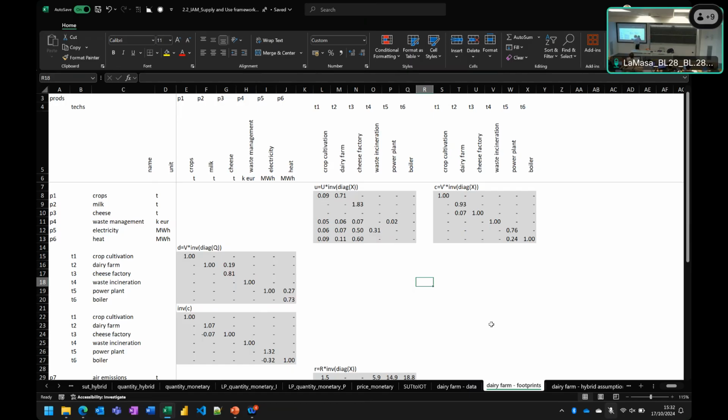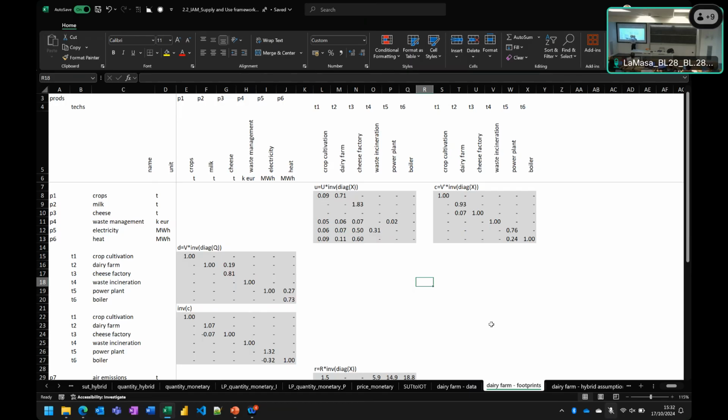Then look also at the inverse of C. What's the meaning of the inverse of C? Whenever there is a demand of the technology activity, the technology activity is producing more than one, because this extra is what is going to be saved as the byproduct of another technology.